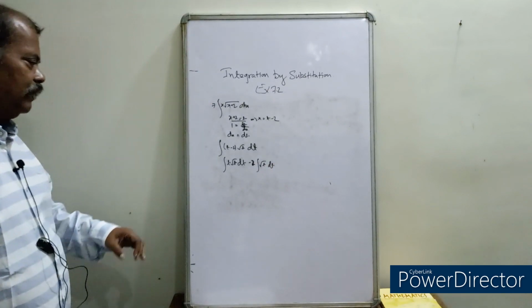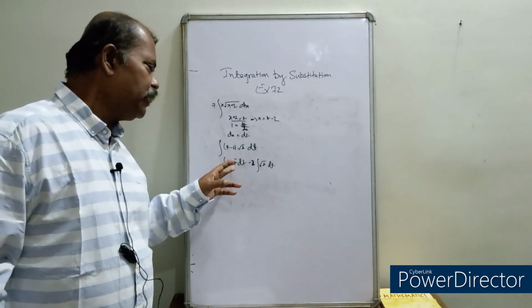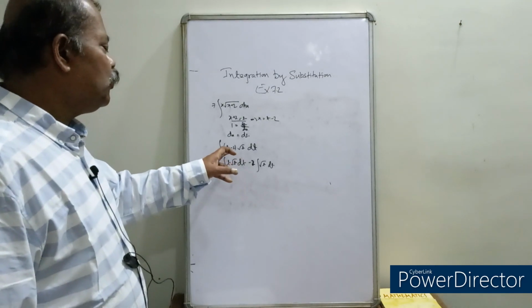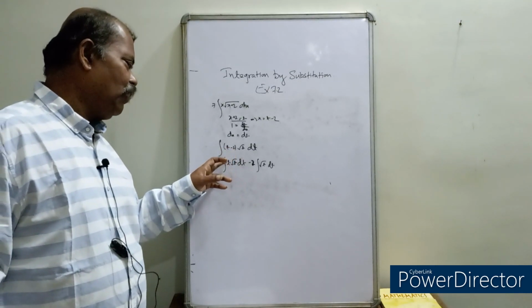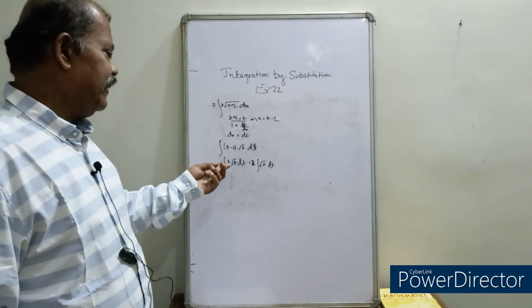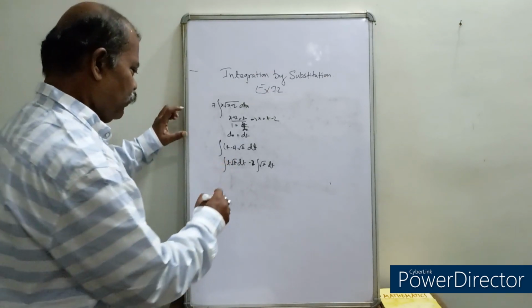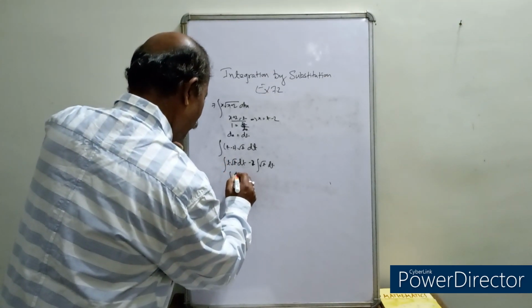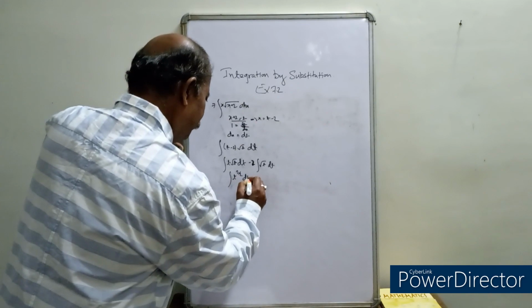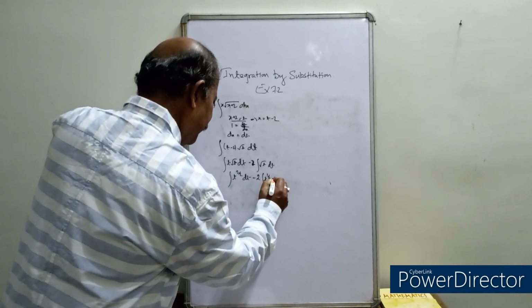Here I am doing a little bit of shortcut. You know that t root t is t to the power of half and t to the power of 1, same base, as per the exponent law the powers add up. So 1 plus half is equal to 3 by 2. So this will be integration of t to the power of 3 by 2 dt, minus 2 times t to the power of half dt.